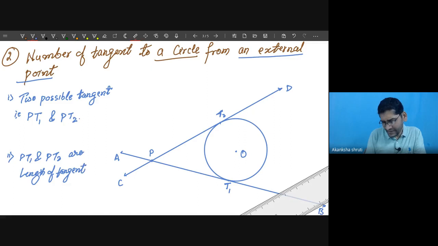Though a tangent is considered as a line, a single tangent simply means a line which has infinite length. But when we are talking about a tangent from a point, it means from that point to the point where the line is touching the circle. That is called the length of tangent.